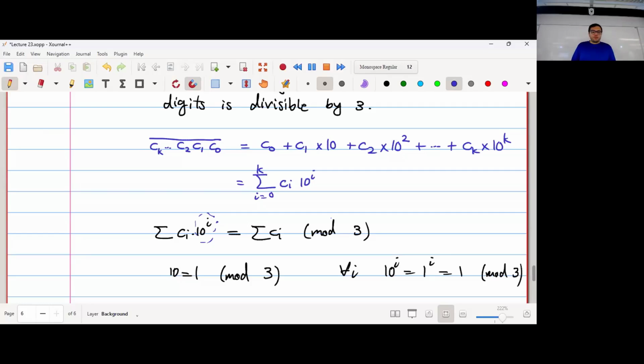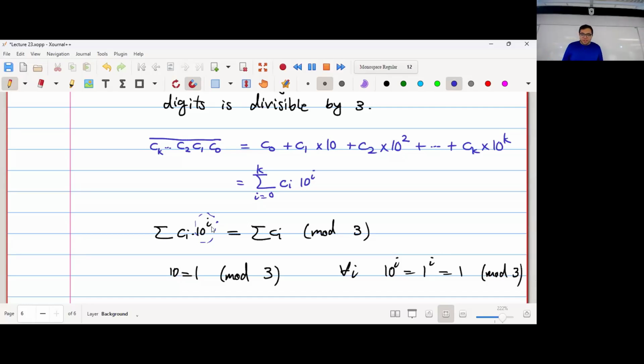So suppose that I want to find a rule like this for divisibility by 5. I just write my number in base 6, right? And then I will have 6 to the power of i here, which is the same as 1 to the power of i.